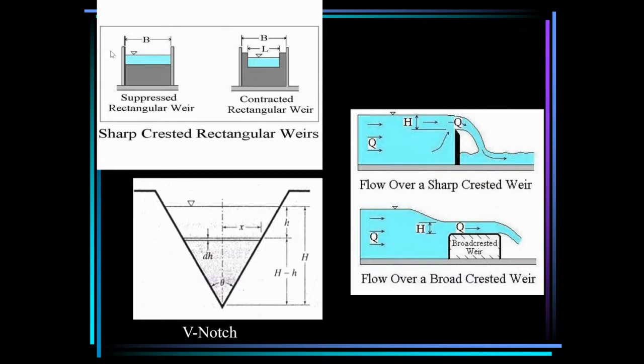Where we have contracted weirs, when the full width of the weir is not equal to the full width of the channel, so it is contracted. And when the crest is very sharp, it is a sharp crested weir, and when it is broad, we call it a broad crested weir. When the section is triangular, it is a V notch.